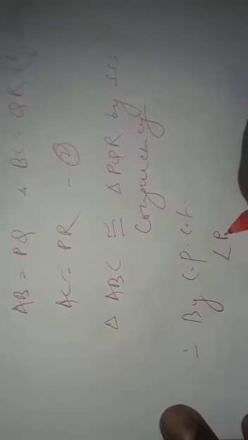Since triangle ABC is congruent to triangle PQR by SSS congruency, by CPCT, the corresponding parts, angle Q will be equal to angle B, and both will be equal to 90 degrees.